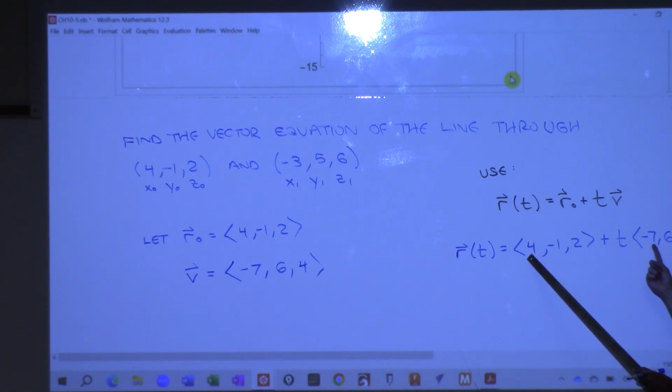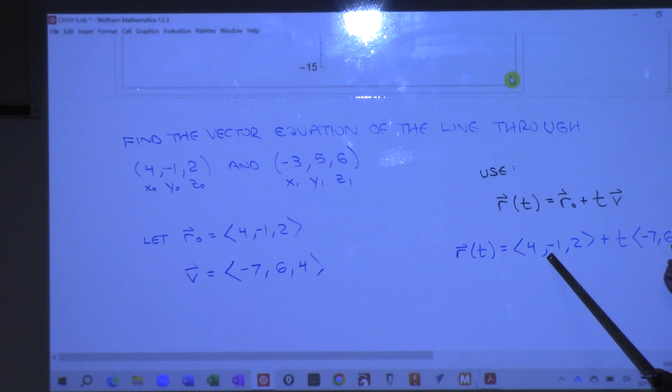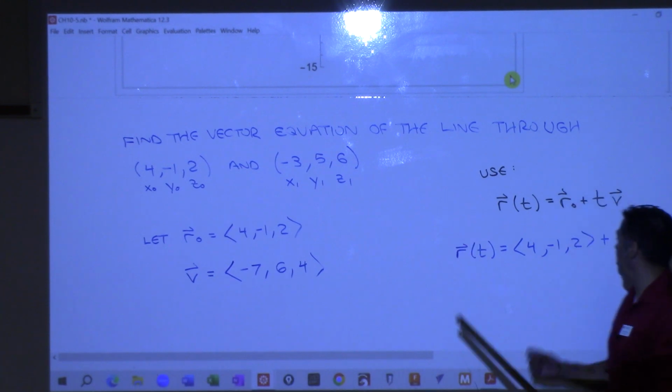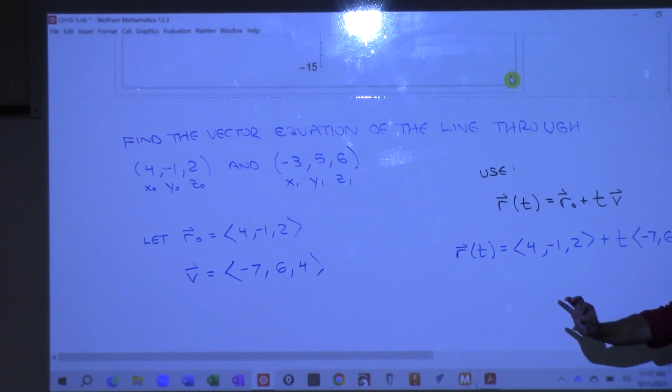So 4 plus -7 would give you -3, and then -5 plus 6 would give you 5, and then 2 plus 4 would give you 6. See? That's if I let t be 0 and t be 1, I get these two points. But if I let t be 2, or -10, or 2.652, or any scalar multiple, it's going to give me all the points on the line, right? Gives me everything.